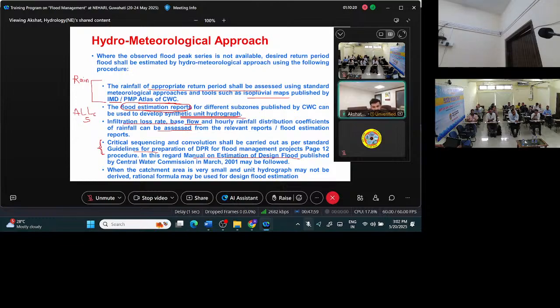And if the catchment is very small, for example, just a 25 square kilometer catchment, the unit hydrograph may not be derived. So in that case, we can use the rational formula. What is the rational formula? The rational formula is simply Q is equal to CIA. I is rainfall, A is area, C is the coefficient of runoff.